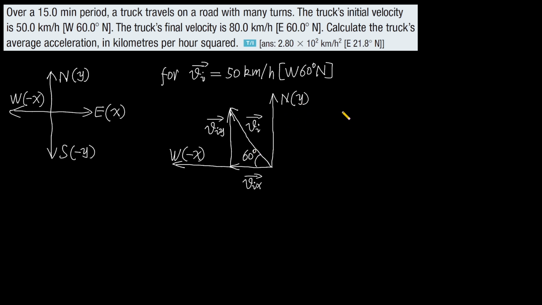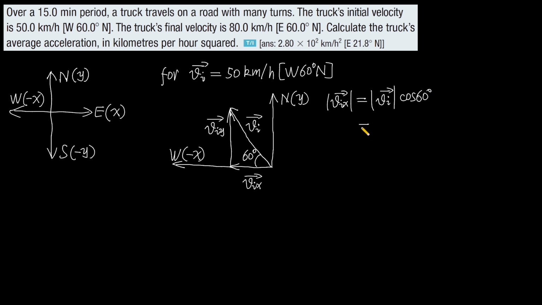Now from the graph, we can know that the magnitude of the initial x velocity equals the magnitude of the initial velocity multiply cosine 60 degrees.